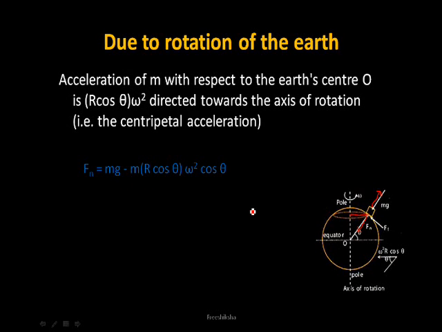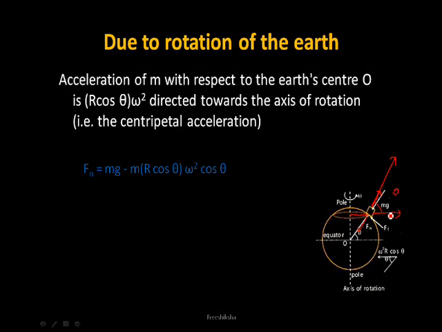Very simply we put mg because it is attracted due to earth's gravitation, and there will be a minus force, that is the centripetal force acting in this direction. Because this angle is theta, the centripetal force resolved in this direction will be nothing but m r cos theta omega square cos theta.